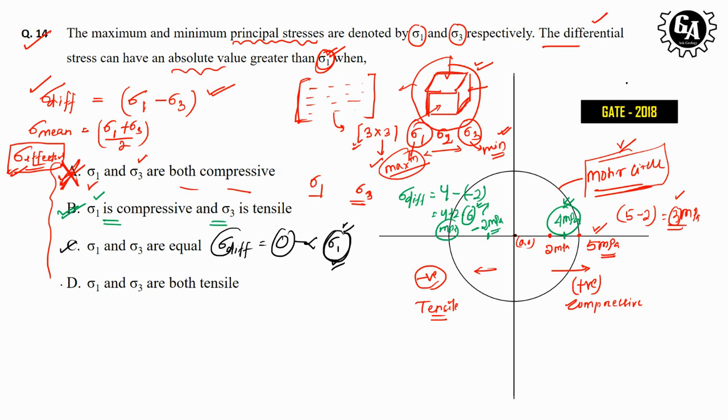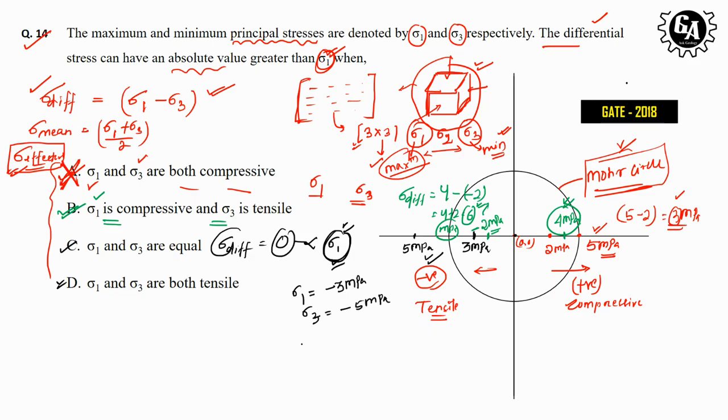Okay, and the fourth case, sigma 1 and sigma 3 are both tensile. If both are tensile, they will be present on the negative side. So let us consider one case, this to be 3 MPa, this to be 5 MPa. In this case, sigma 1 will be minus 3 MPa, and sigma 3 will be minus 5 MPa.